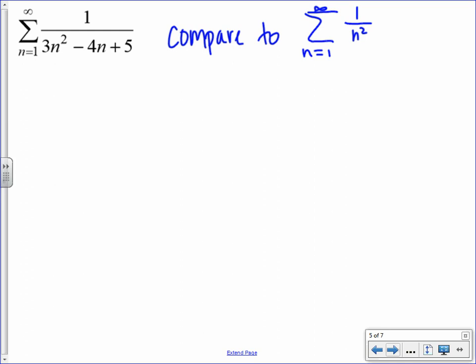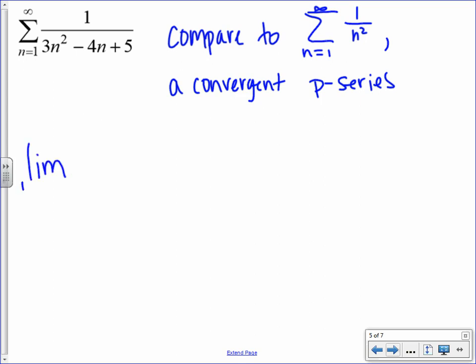And what do we know about the series of 1/n²? It's a convergent p-series. Okay. So then we're going to look at the limit of the ratio.